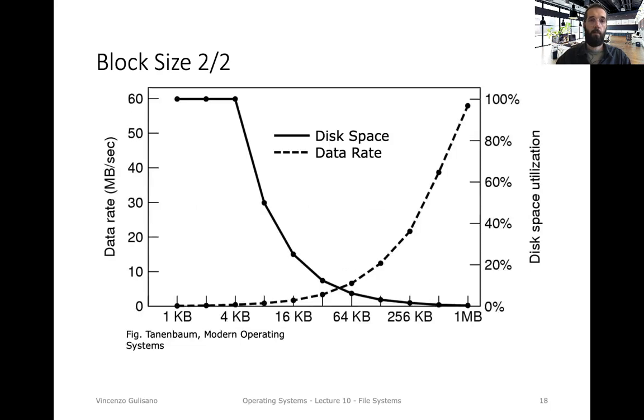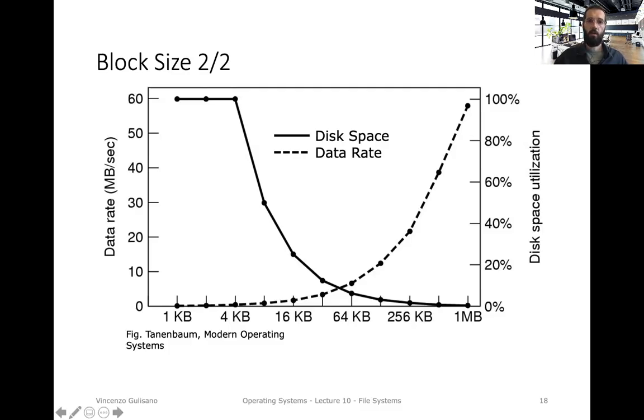And actually, you can see that as always, these trade-offs result in different behaviors. So in this graph here, you have different block sizes from 1 kilobyte to 1 megabyte, and then you have two lines. The solid one is the disk space, and the dashed one is the data rate. So what are we seeing here?